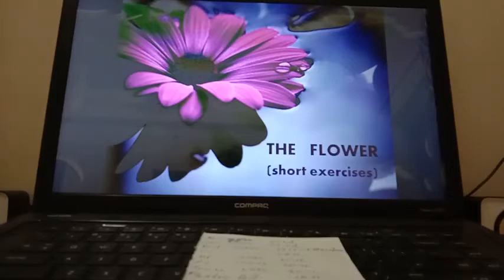Number 3, roots of banyan tree which are used for support, that is aerial root or prop root. Number 4, fourth central whorl of flower, that should be gynoecium or pistil or carpel, any term you can write. Number 5, collective term for sepals, that is calyx.